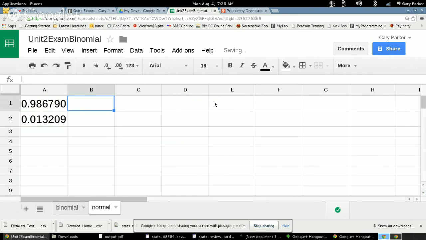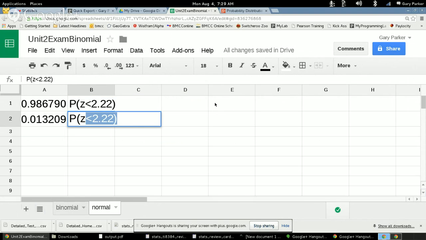So the first one here is the probability that z is less than 2.22. Not what I want. This one, probability that z is greater than 2.22. So 0.013-ish. And that's what you type in your little box for that one.